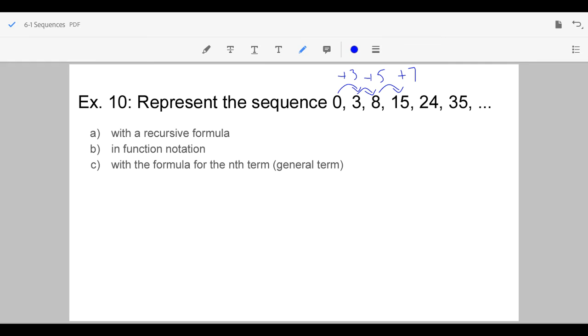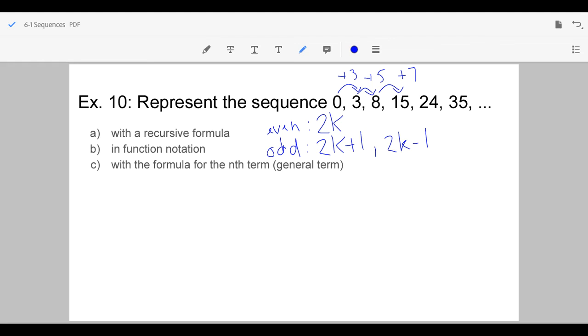In general, we can write even numbers like this. 2 times, let's call it k. K could be any number, doesn't matter. And the odd numbers we could write as 2 times k plus 1 or 2 times k minus 1.